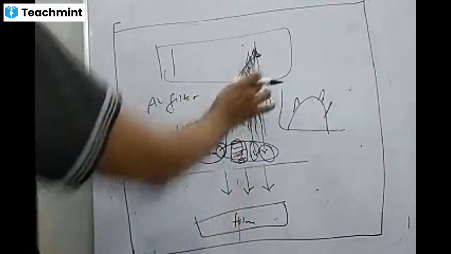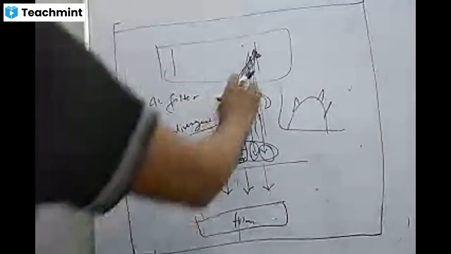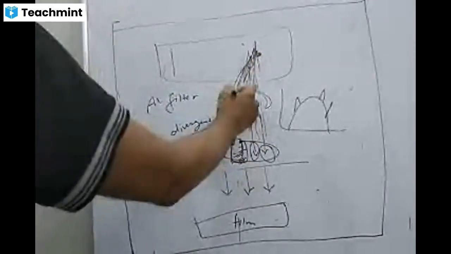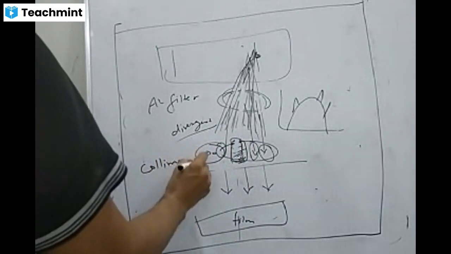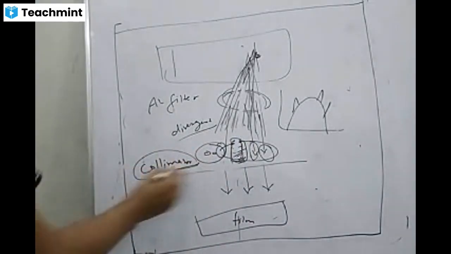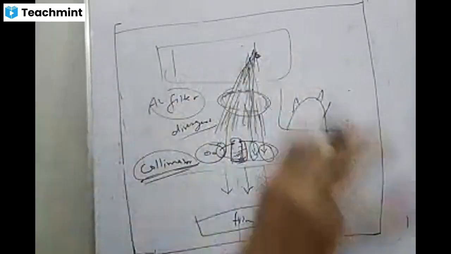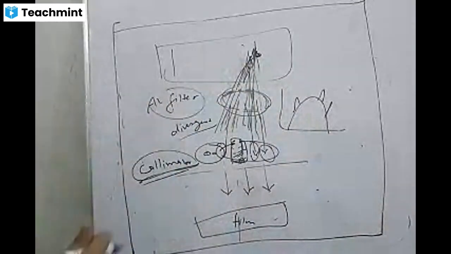So we want to make it directional, make it more focused only at this portion. So a divergent beam becomes directional with the help of what we call a collimator. So these are the devices, collimators and aluminum filters. These devices we put in front of the patient.